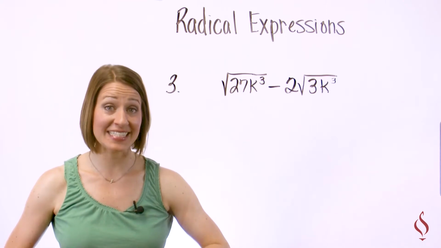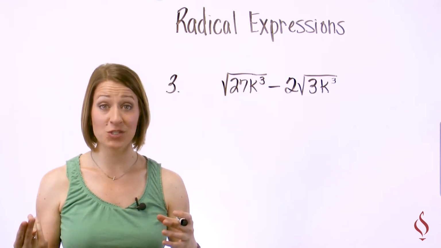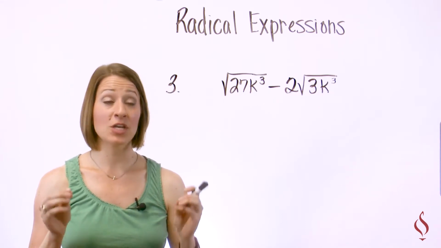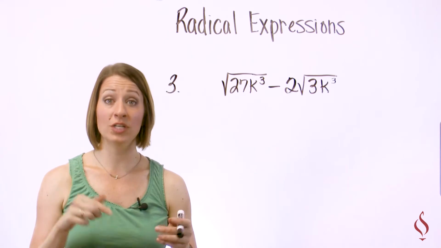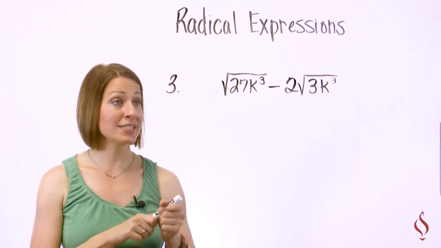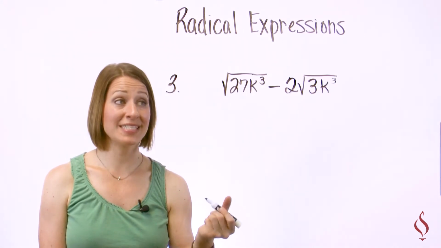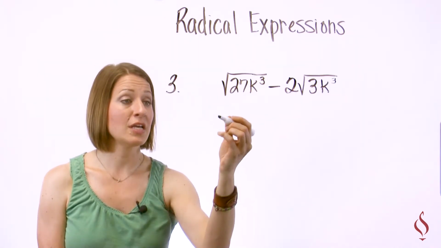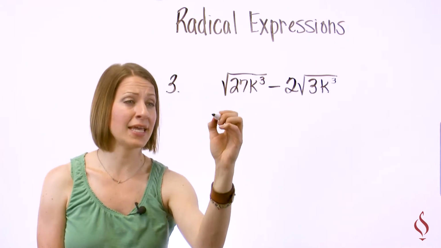Okay, take a look at this example. We're going to work through the same steps as the previous two problems, except instead of adding those two outside numbers, we're going to subtract. So let's get started. To simplify the square root of 27k cubed, it has a 9 perfect square in there and a k squared.